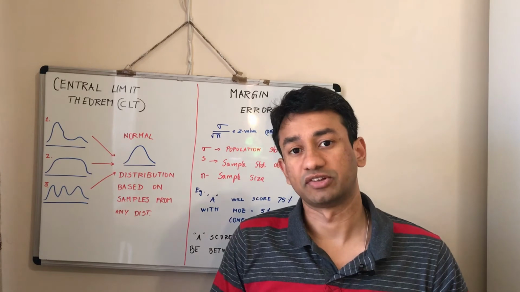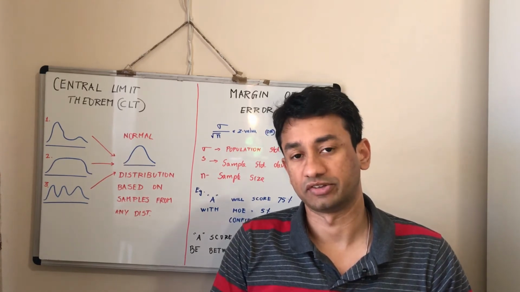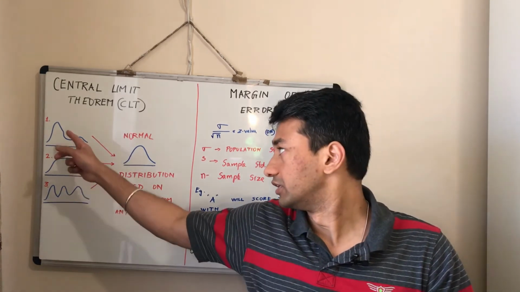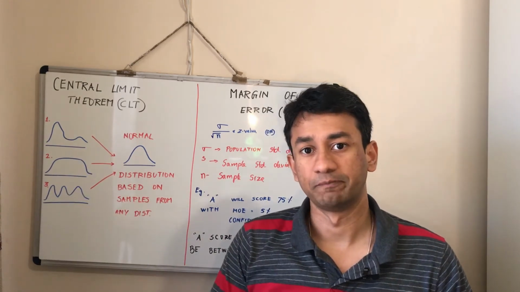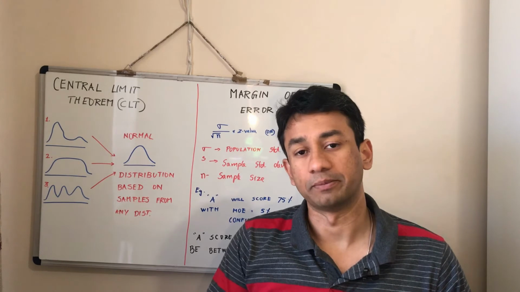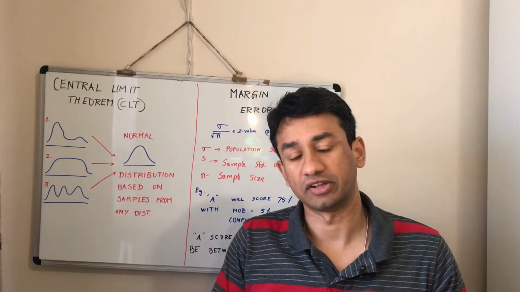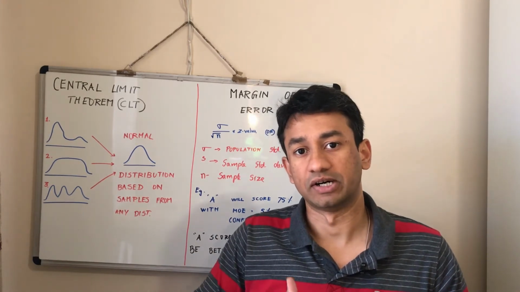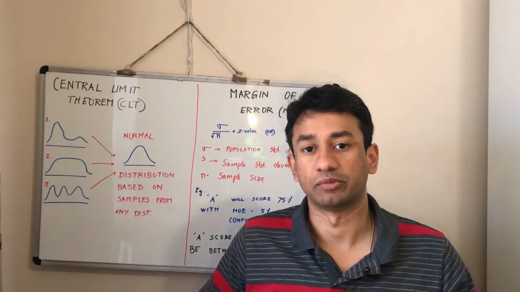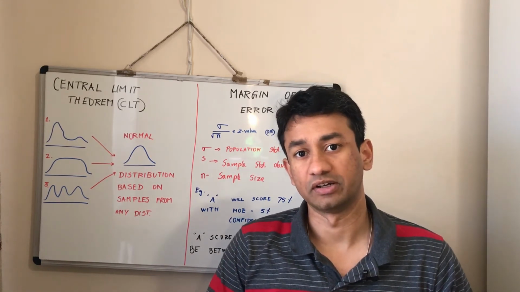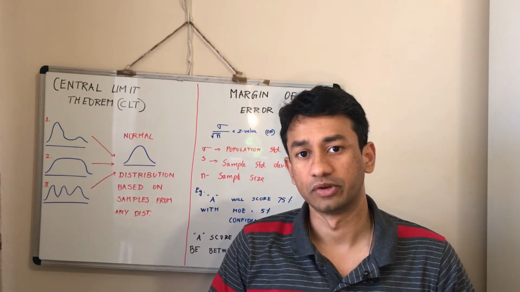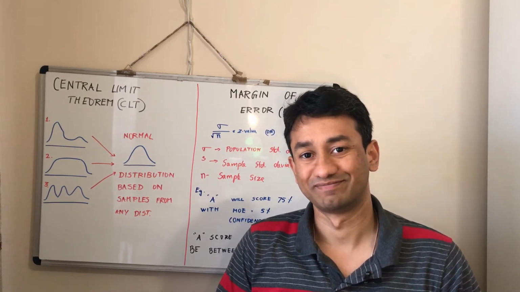So that's what the central limit theorem says. From this actual data, whatever the distribution might be, when we continue to take a larger number of small samples and take the mean of all these samples, at some point in time it will tend towards the normal distribution. So let's see this proved on actual data and see if it is really true. Come, let's go into the tutorial.